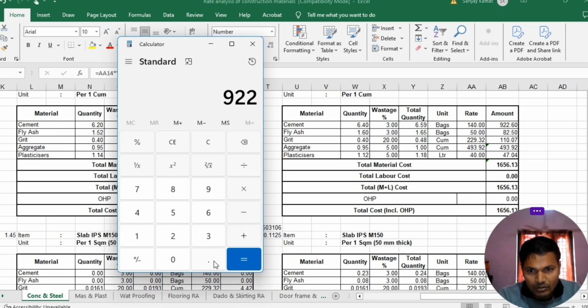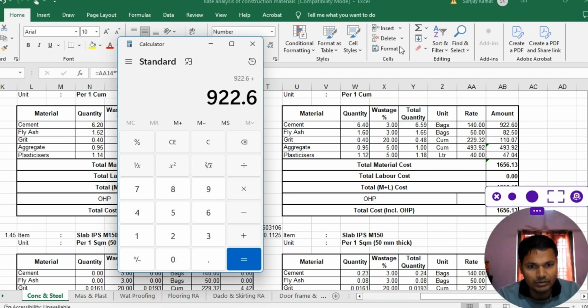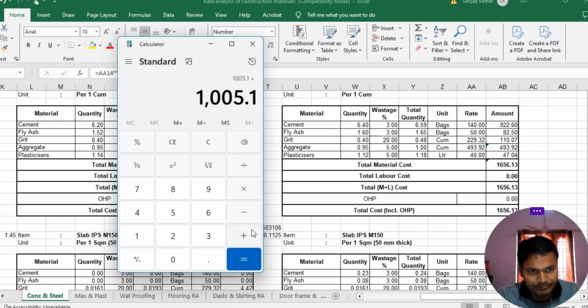922.60 plus 82.50 plus 110.07 plus 493.92 plus 47.04 equals 1656.13.